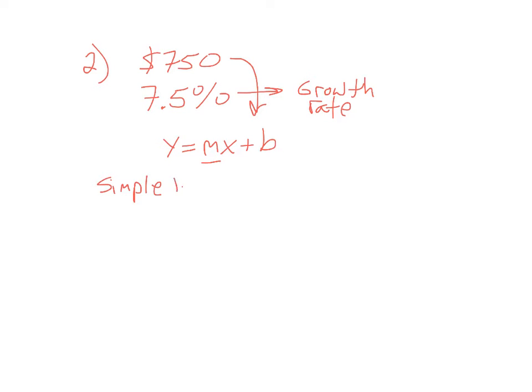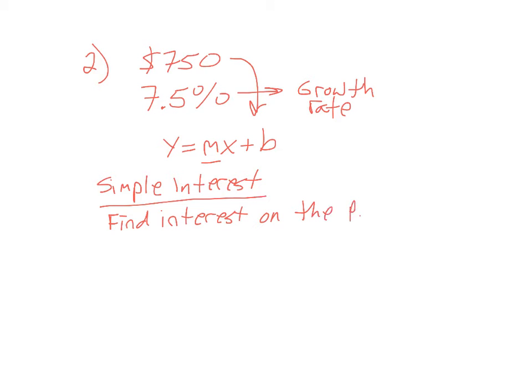This goes back to what simple interest is. Simple interest is finding the interest on the principal, and the principal in this case is how much you started with, and then add that every year. So the slope you were looking for is in essence the interest on the principal. So my m is the interest on my principal.